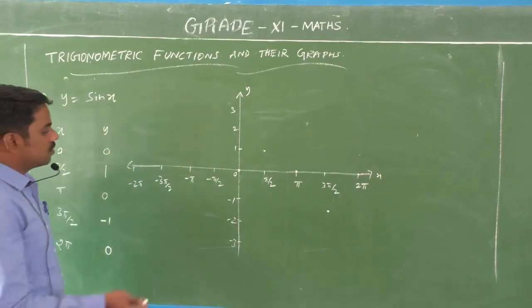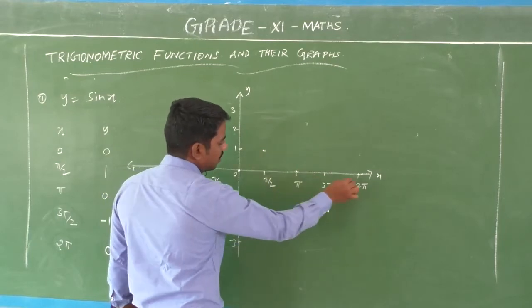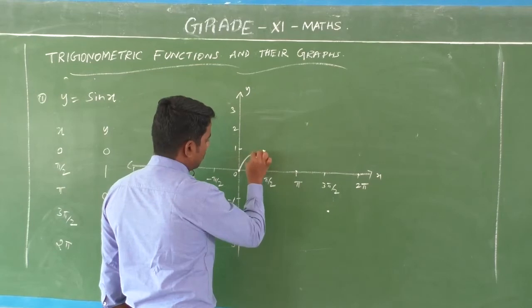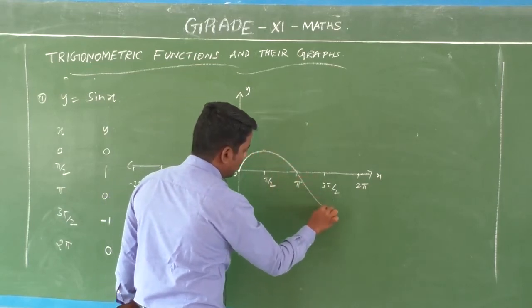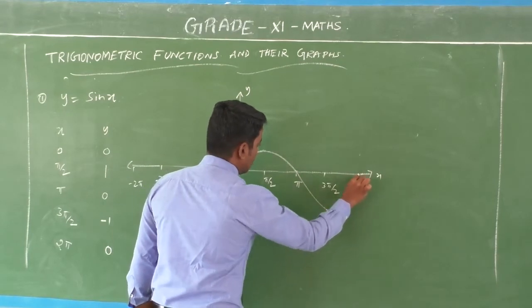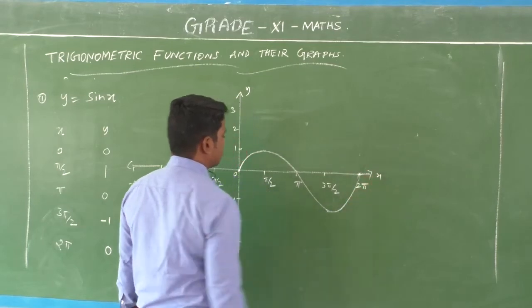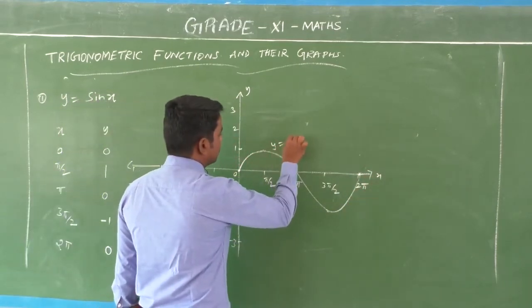Okay, right. Draw the graph, join the points. This is y equal to sin x.